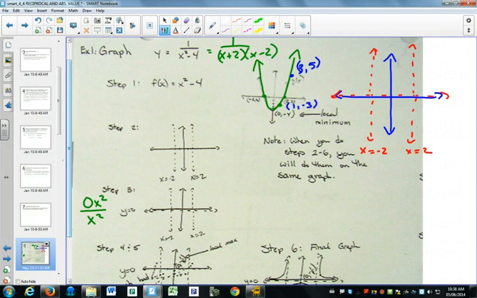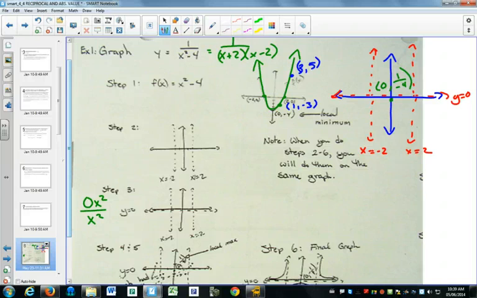And because my graph goes up forever, I have a horizontal asymptote at y equals 0. Then I'm just going to take some points. What happens at (0, -4)? That's going to become (0, 1 over -4), because all that happens is the y values change to 1 over y.